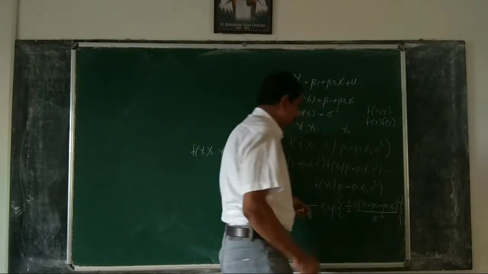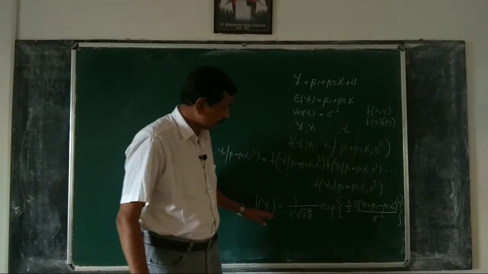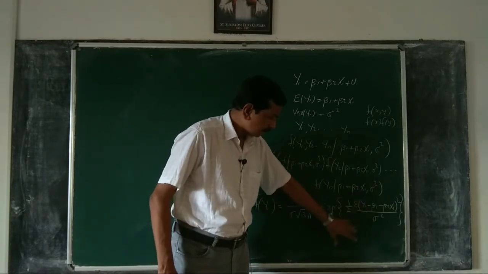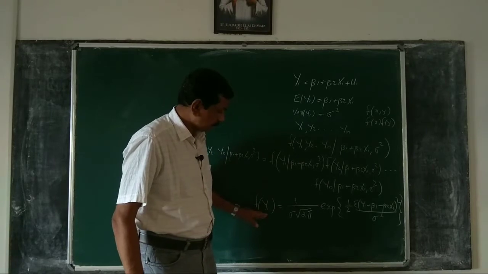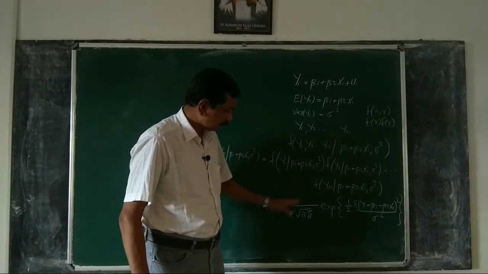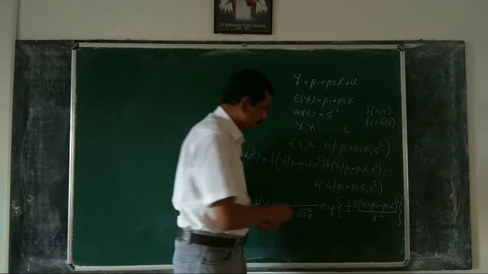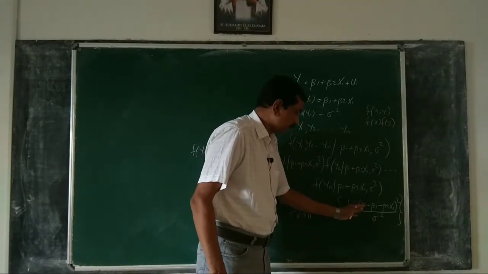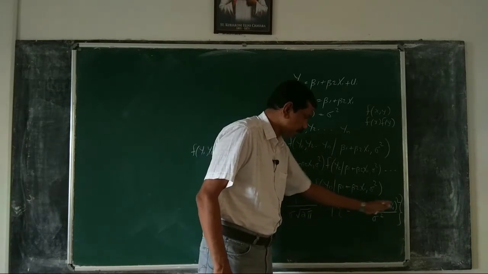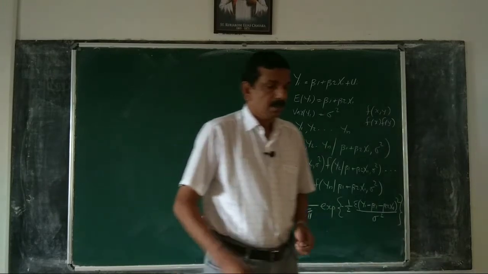Each Yi is normally distributed. So the PDF of a normally distributed random variable is given as f of Yi is equal to 1 by sigma root 2 pi times exp of minus half into (Yi minus mu) whole square by sigma square.